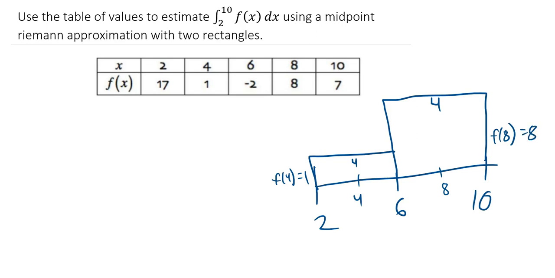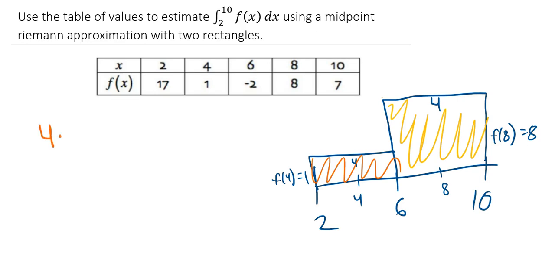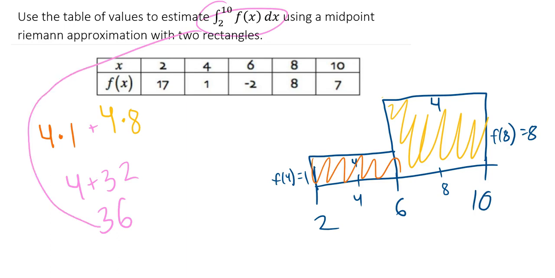So in total, the sum of these areas, the areas of these rectangles, is 4 times 1 plus 4 times 8. This comes out to 4 plus 32. 36 is the approximation for this.